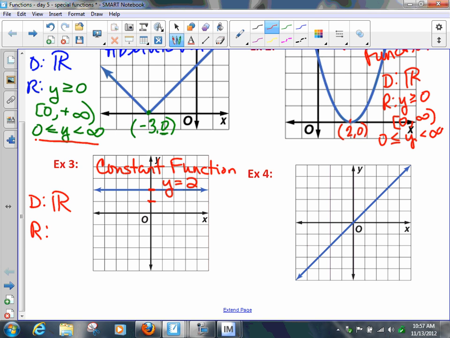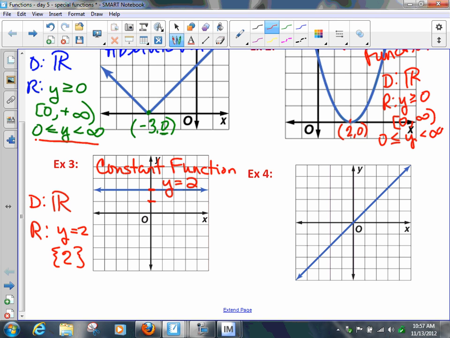I want you to ponder, think about this. What's every single value of y? 2. So how do I write it? You write y equals 2. Or could I write, like the fancy brackets, 2? Because it's going to be only that value of 2.